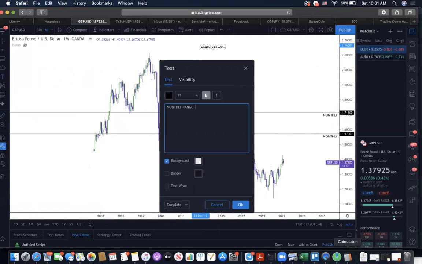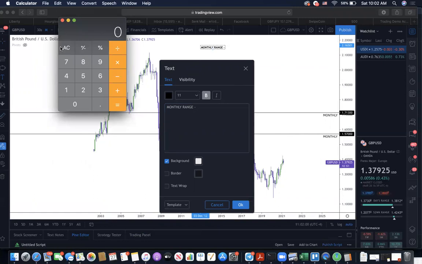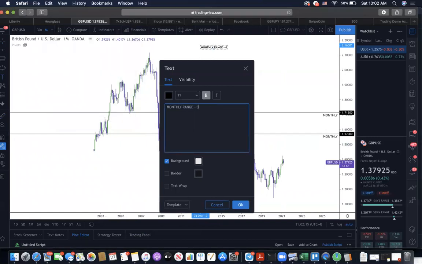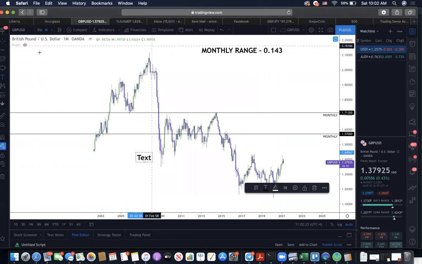Let me pull out my calculator. 1.713 minus 1.57 is 0.143. That is my monthly range. Let me make that a little bit bigger.